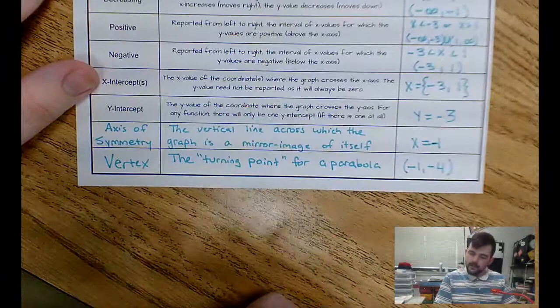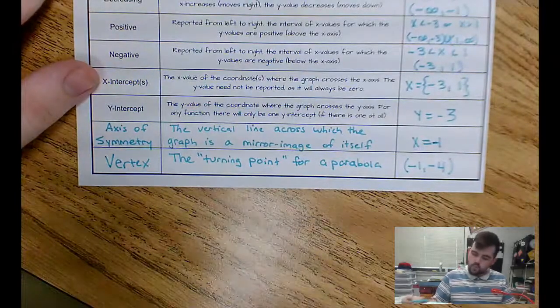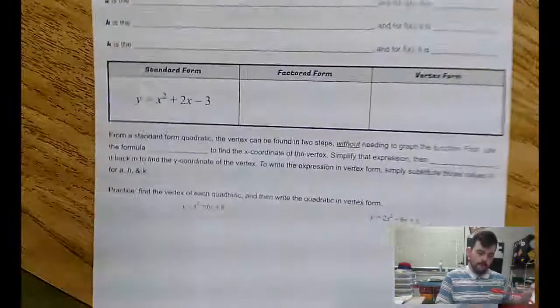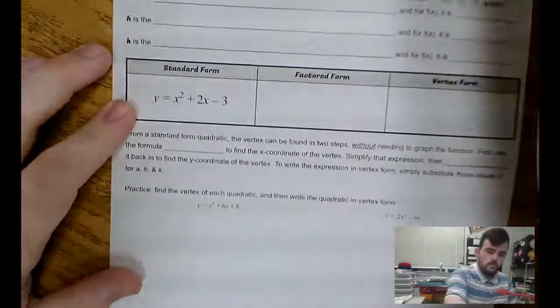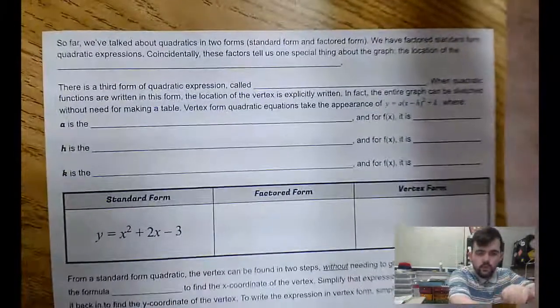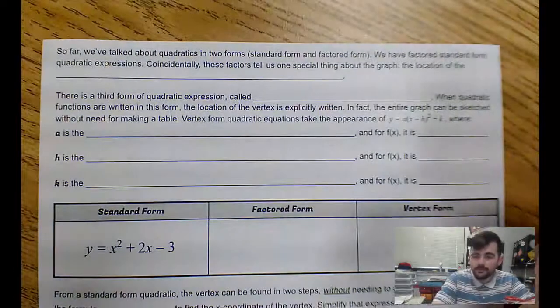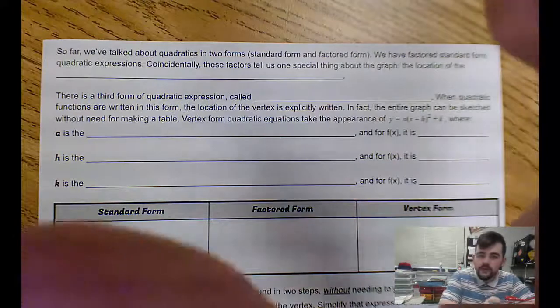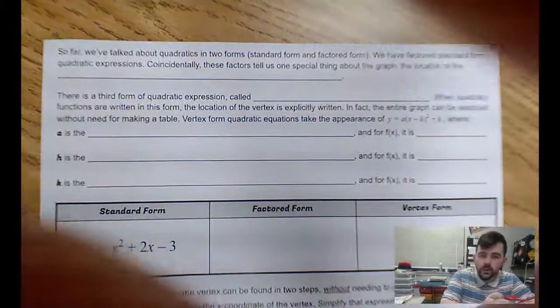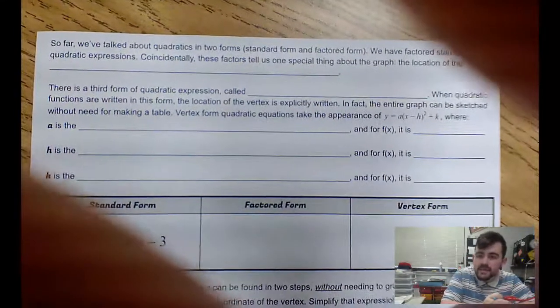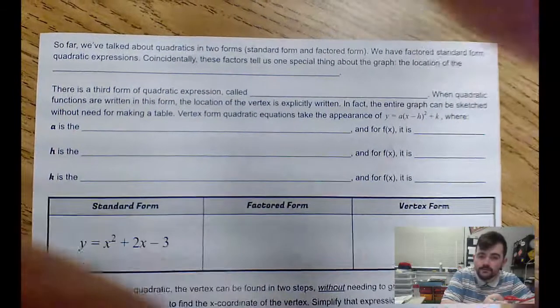All right, looking at the top of the right half of your paper. So far, we've talked about quadratics in two forms, standard form and factored form. And we factored the standard form quadratic expressions to translate them from standard to factored form.